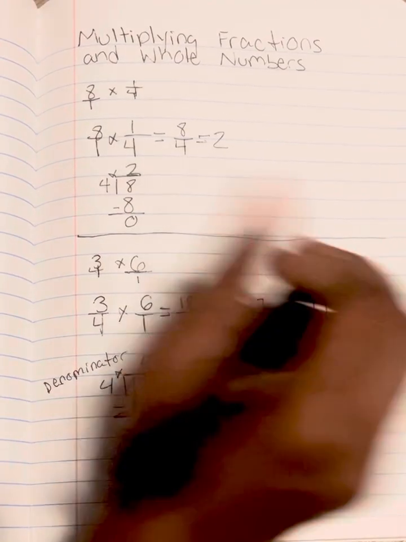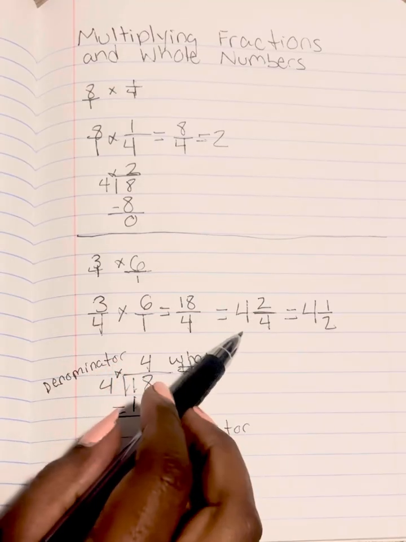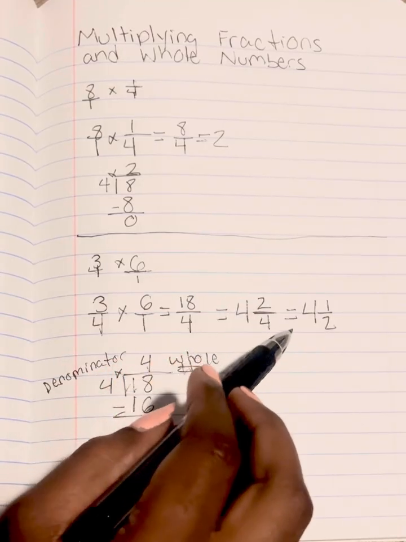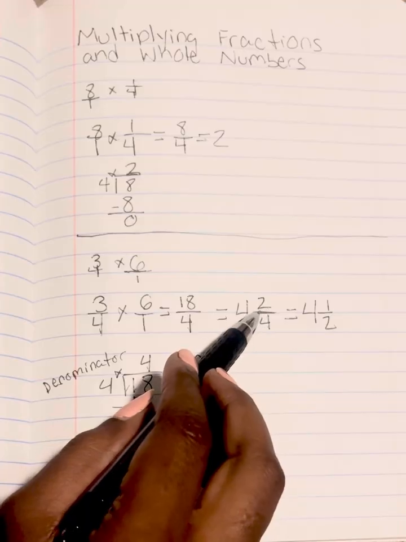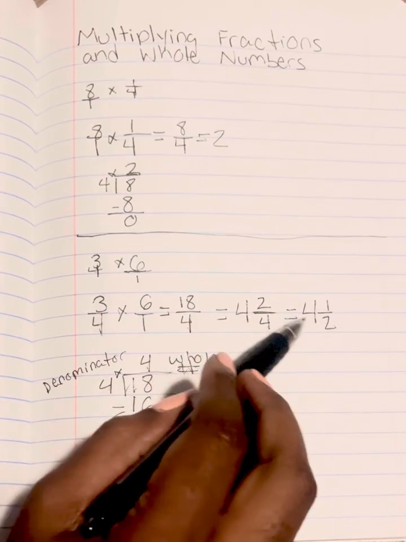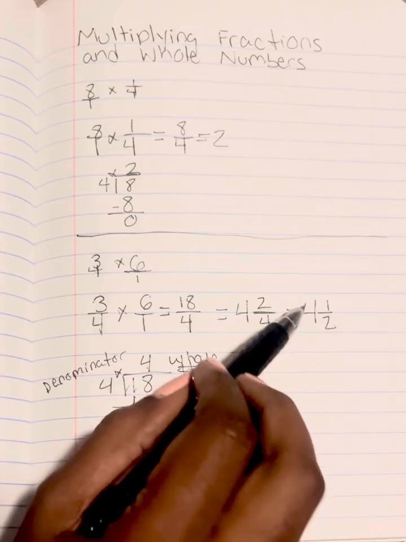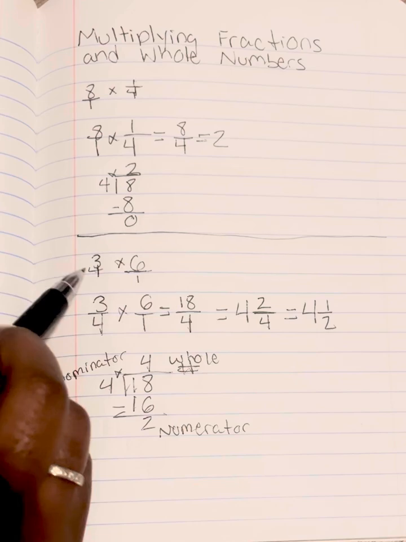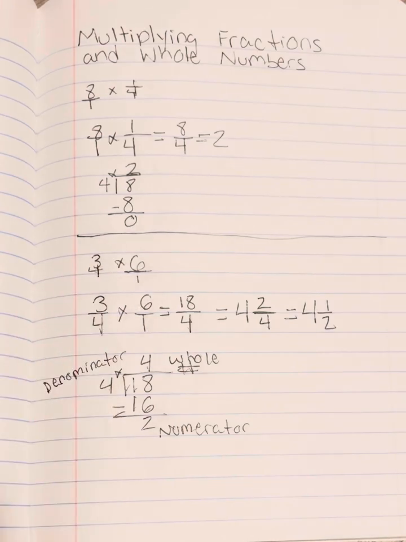But I can tell you that my greatest common factor for 2 and 4 is 2. So 2 divided by 2 is 1, and 4 divided by 2 is 2. That's how I got the answer of 1/2. So 4 and 1/2 would be my answer for 3/4 times 6. I hope this helps.